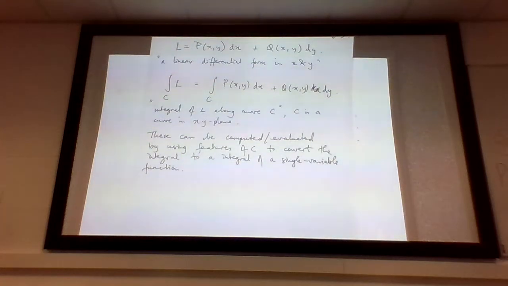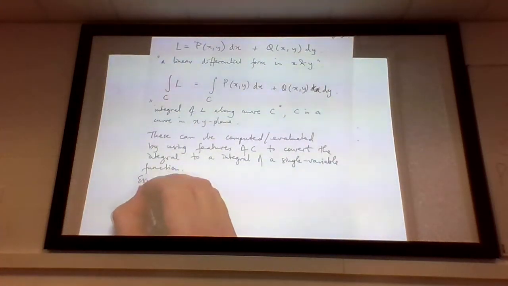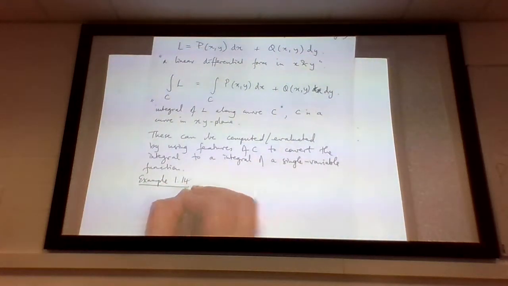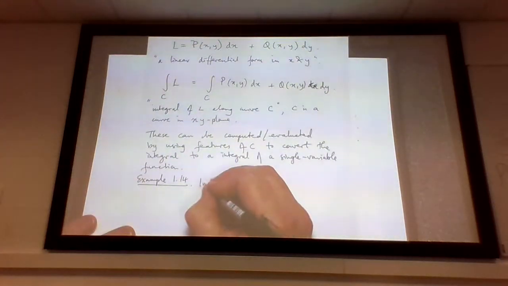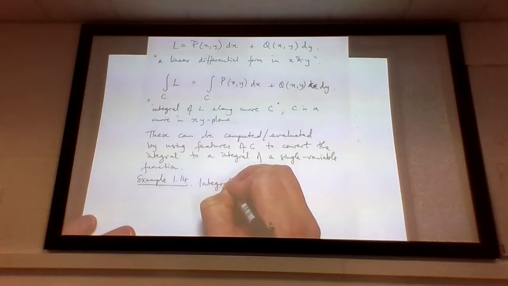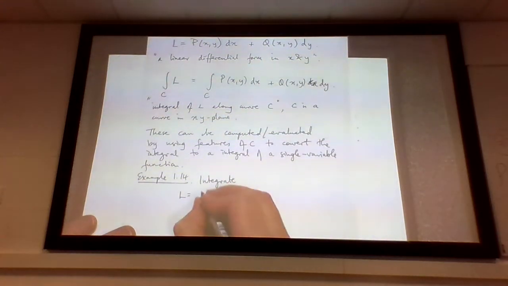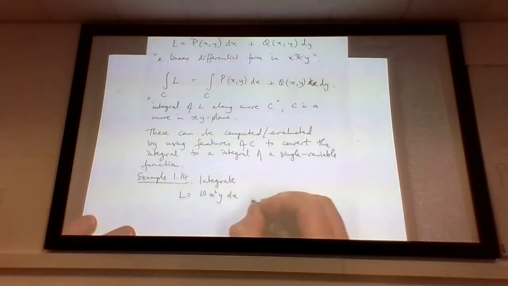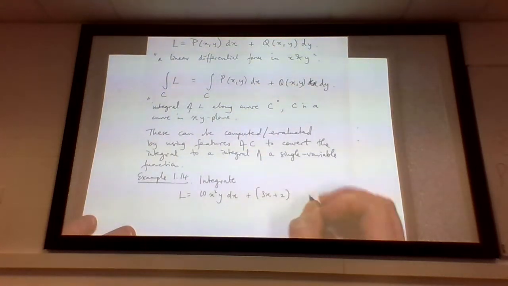Okay, so we'll have a look at the first example of one of these in example 14. We're going to integrate this linear differential form L, which is 10x squared y dx plus (3x plus 2) dy.